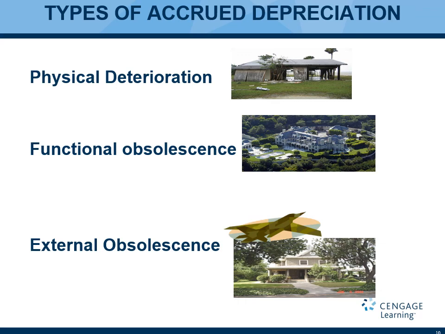Other things that would be included in that would be needing to paint, or maybe replacing windows that were getting older. If they're wood windows, they're going to have rot. If they're aluminum windows, they are not going to rot, but you might start to see that they begin to fog or glaze over. Functional obsolescence, on the other hand, has to do with changes in preferences of buyers.